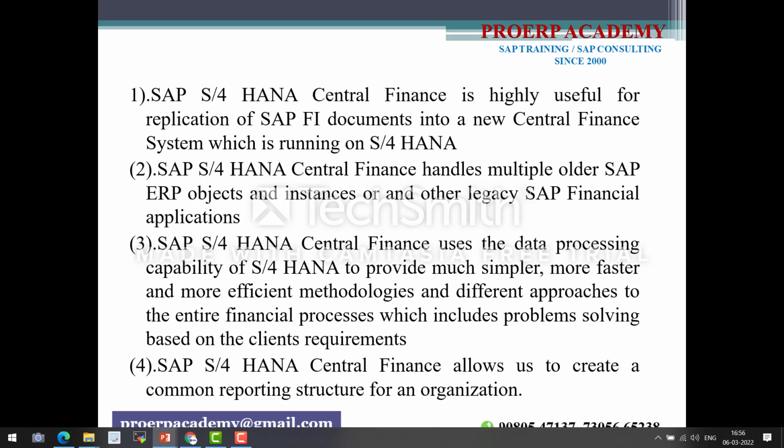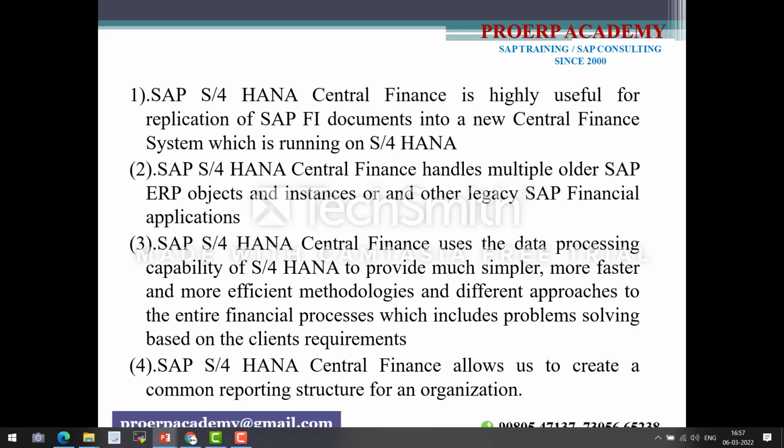And also product costing configuration, internal orders configuration, cost center accounting configuration, profit center accounting configuration, and COPA configuration, that is controlling and profitability analysis configuration from our traditional SAP CO system.